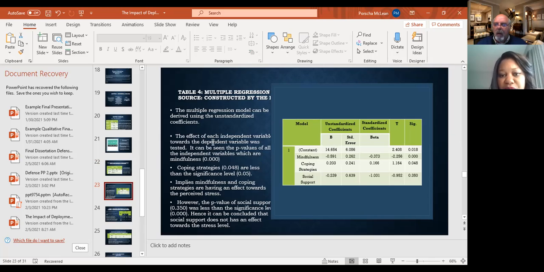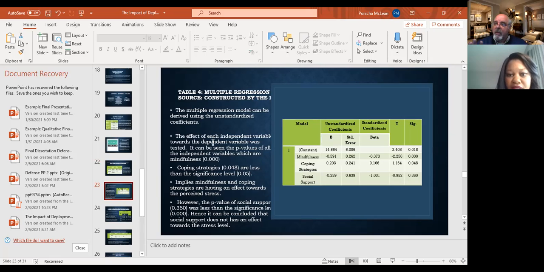Mindfulness was 0.00, and coping strategies were 0.048. Since that was less than a significant value, then the effect that it has on the actual perceived stress was less than the critical value.